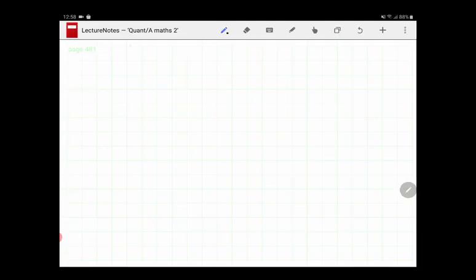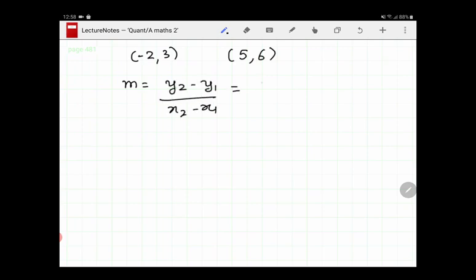Let's take the example of (-2, 3) and (5, 6). Here, first we will find the slope, which is (y2 - y1)/(x2 - x1) = (6 - 3)/(5 - (-2)).